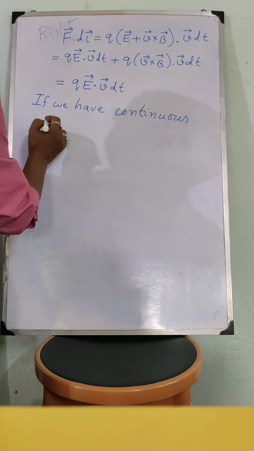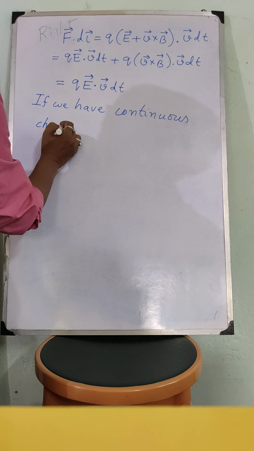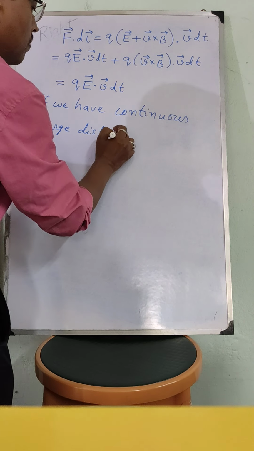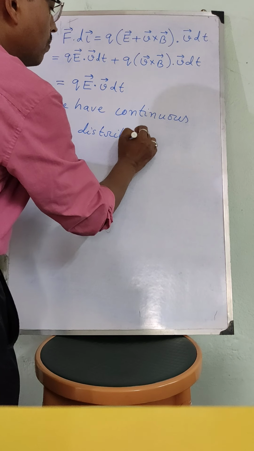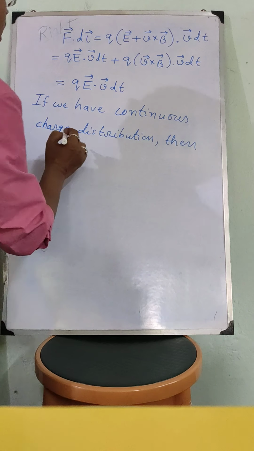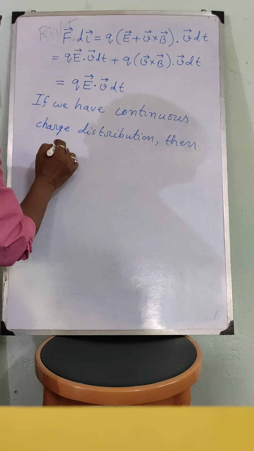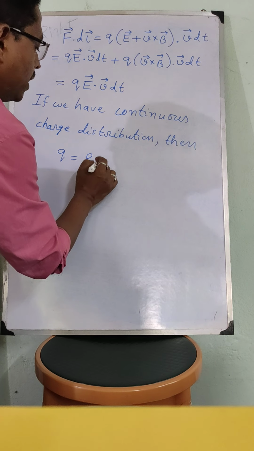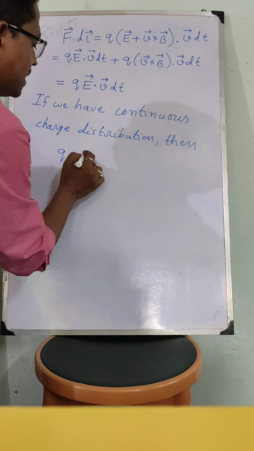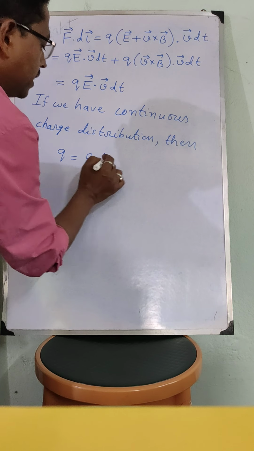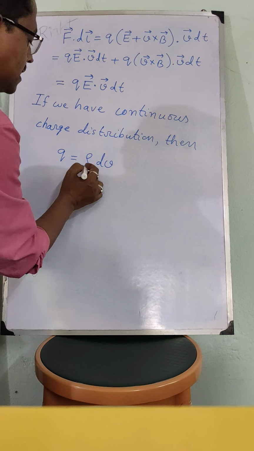Then I can write Q is equal to rho into dV, where Q is contained in a differential volume element dV.